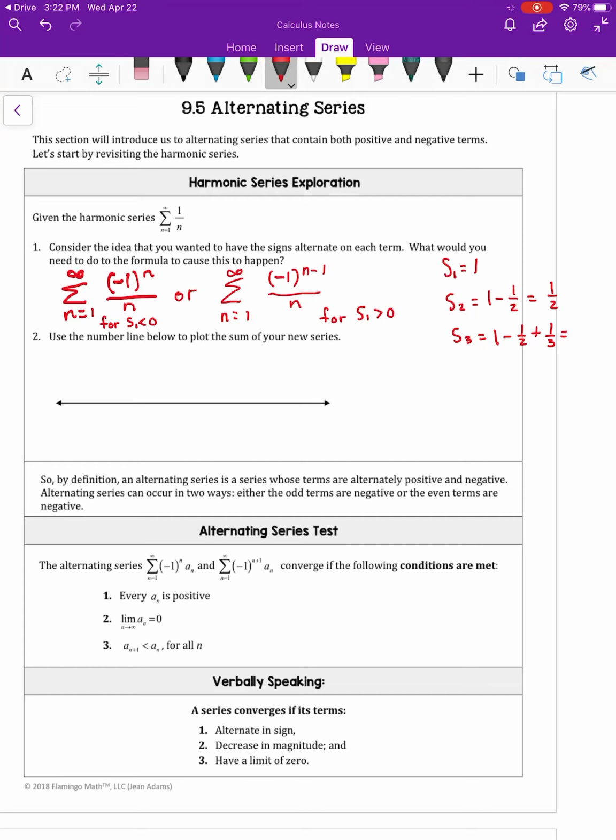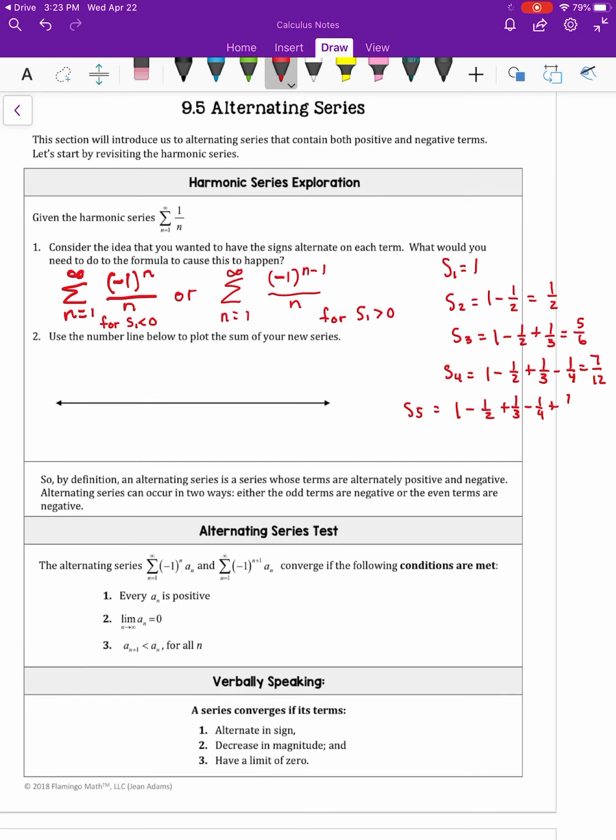Your S sub 2 would be 1 minus 1/2, so that would be 1/2. Your S sub 3 would be 1 minus 1/2 plus 1/3, and so that would be 5/6.